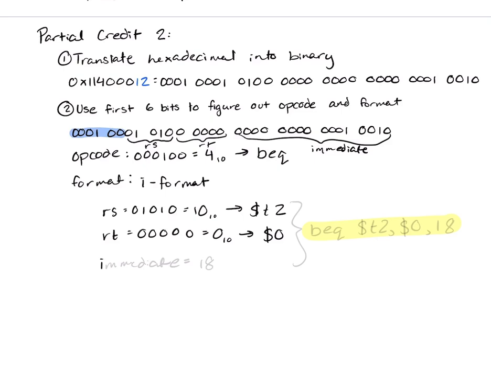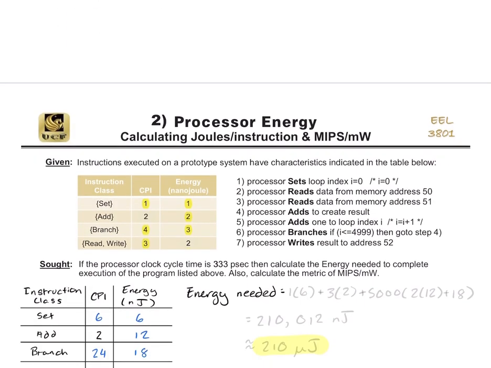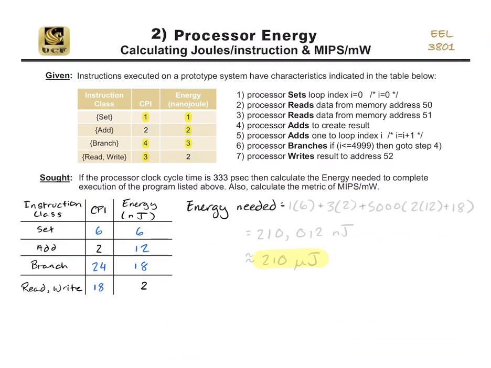The immediate value is 18. So this all means that the instruction is going to be branch if equal, T2, 0, 18.